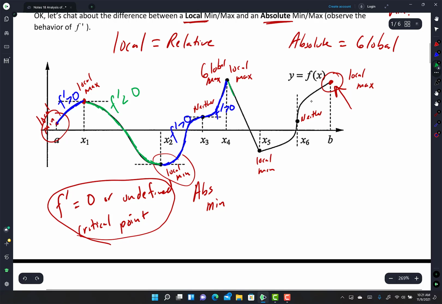And then I decrease, F prime less than 0. And then I increase again, F prime greater than 0. And then I increase again, F prime greater than 0. And I'll slow down. Do you guys want me to zoom in on any region?